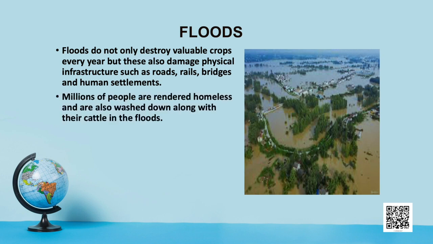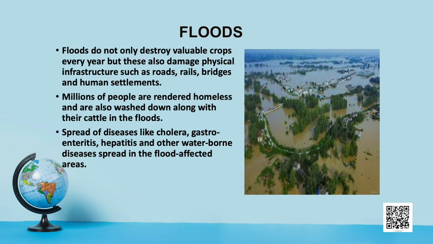Millions of people are rendered homeless and are also washed down along with their cattle in the floods. Diseases like cholera, gastritis, hepatitis and other waterborne diseases spread in the flood affected areas. These are all the consequences of floods.